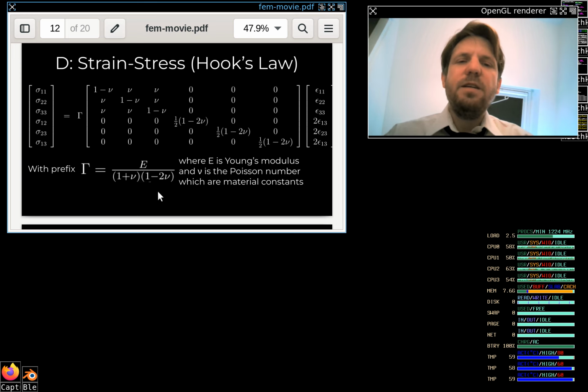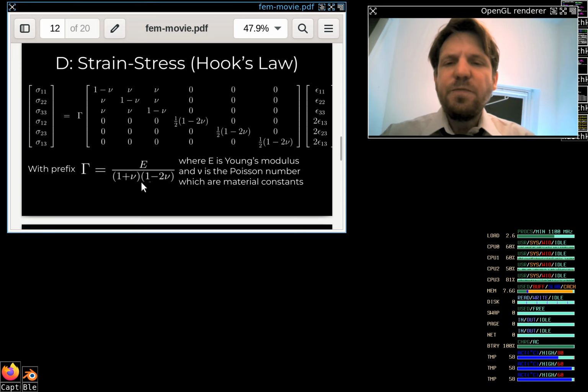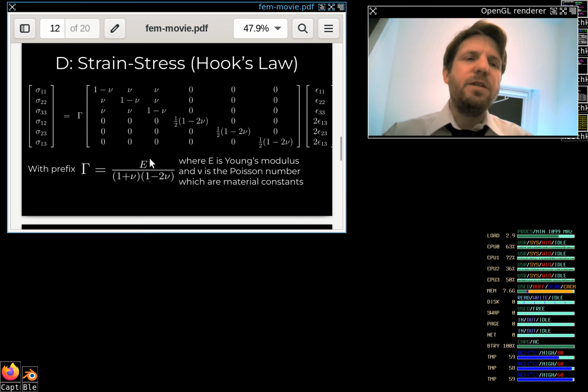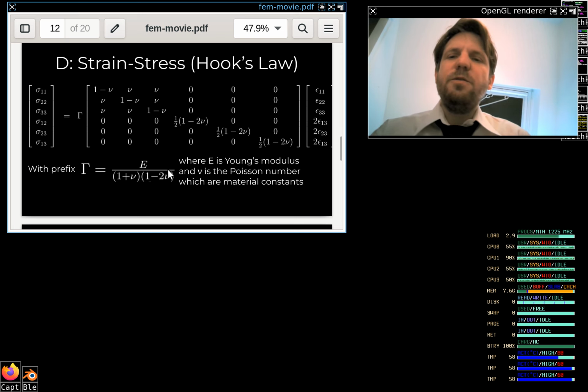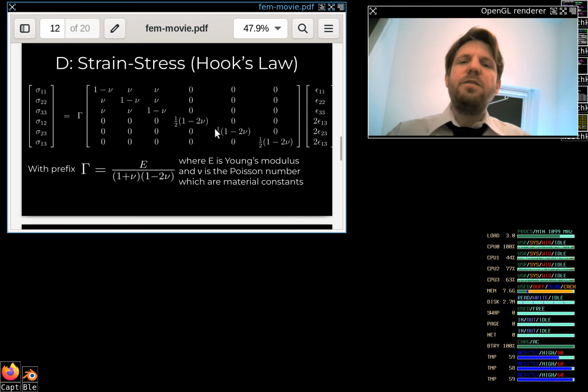In the finite element solver that I'm presenting here, these material constants are fixed, so you don't have anisotropic materials. Basically, you could have anisotropic materials where the E modulus has different size in different directions.